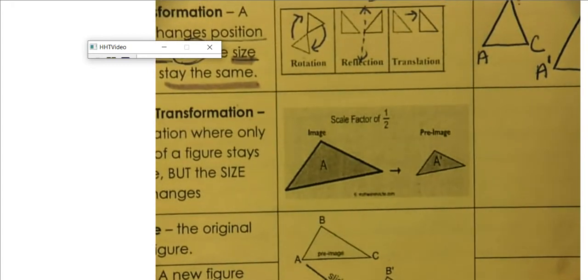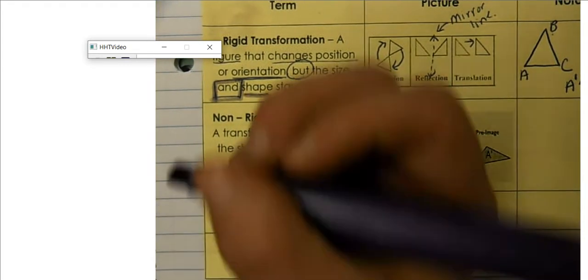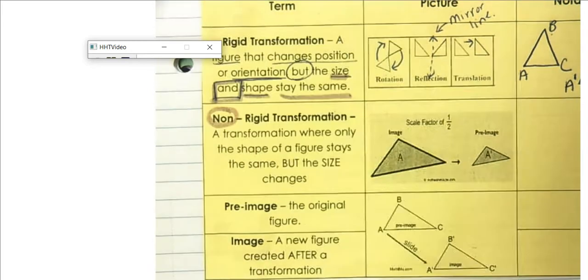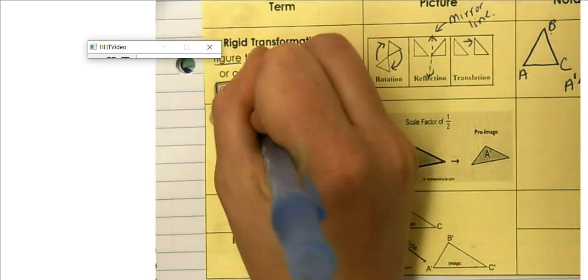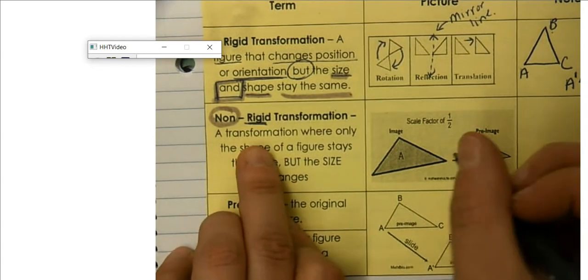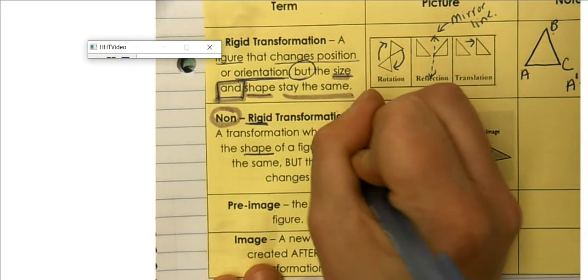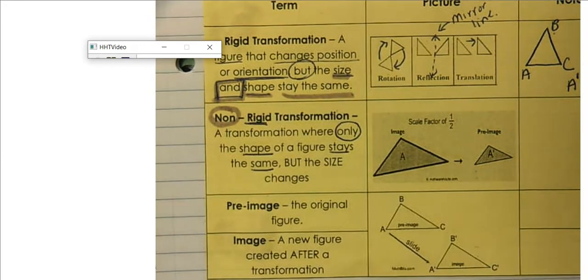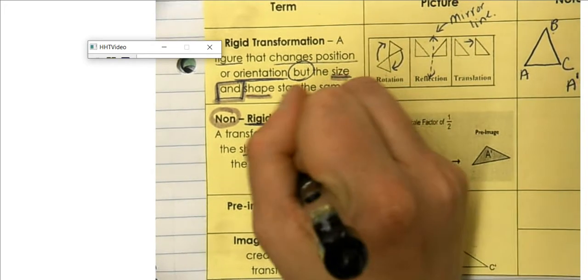The next is called a non-rigid transformation. So non-rigid transformation means that it's still a transformation, but it's not rigid, which means that it's a transformation where only the shape stays the same. But the size changes.